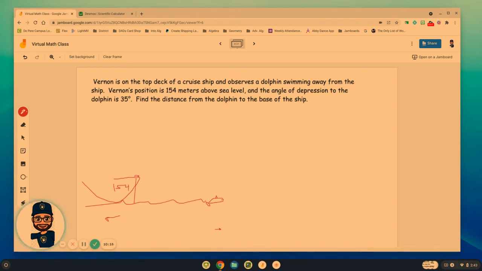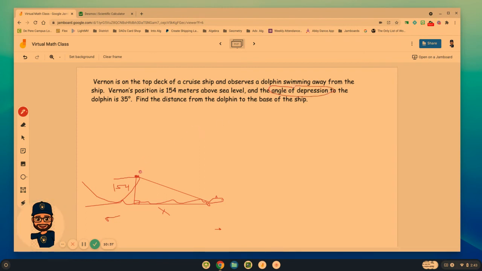And the angle of depression, he's looking down here at the dolphin, 35 degrees. Find the distance that the dolphin is to the base. How far is this line, the dolphin to the base? Now, we've got to be careful with this angle of depression.